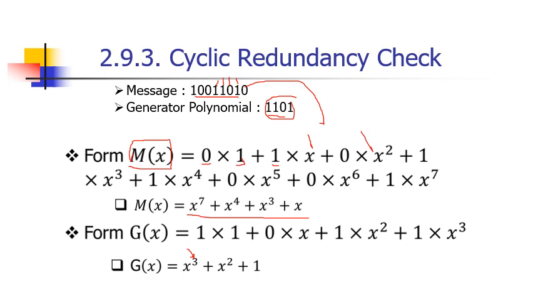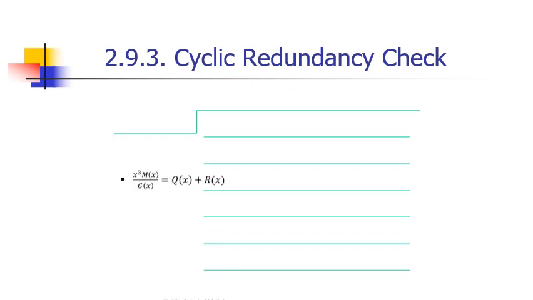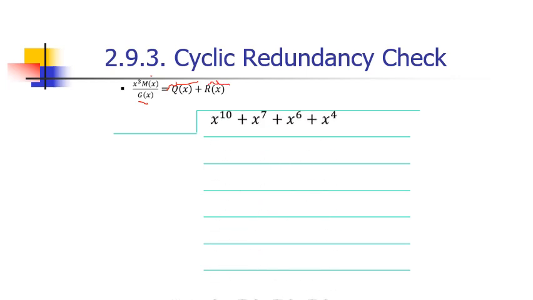So you do the long division now, which is x to the power 3 multiplied by mx, divided by gx. You get a quotient and a remainder. The remainder is to be appended to your original message. So here is your x cubed times mx, and here is your generator polynomial. All right? So x10 over x3 gets an x7.